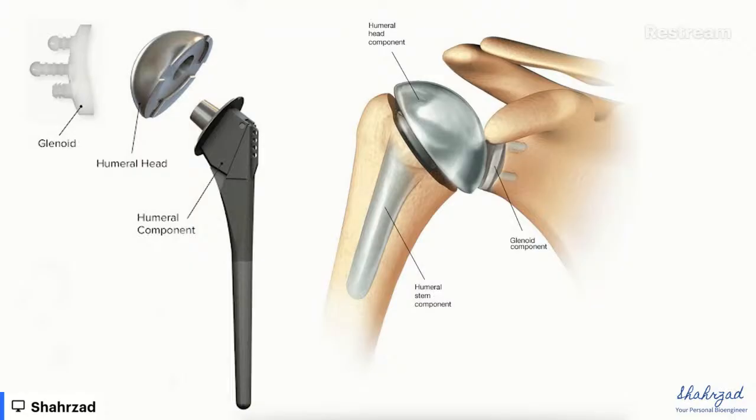For example, this right here is conventional shoulder replacement, so it's not reversed, and the humeral head sits on the humeral component, which goes in the humerus bone right here, and then we have the glenoid component, which is a plastic or polyethylene component that would go right there. So this is one example.